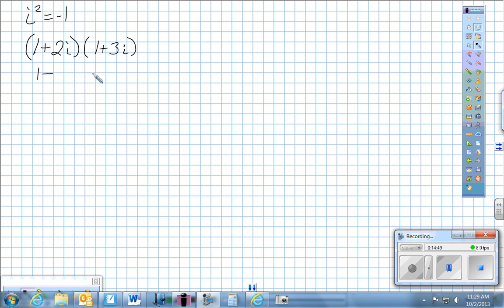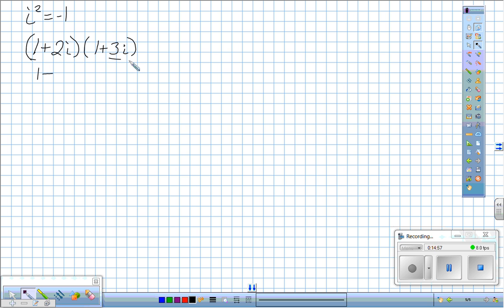Okay, so when I multiply 1 plus 2i times 1 plus 3i, I take 1 times 1 to get positive 1. Then I'll take 1 times 3i to get positive 3i. Then I will take 2i times 1 to get positive 2i. And then I'll multiply my last term, so 2 times 3 is 6. i times i is i squared.